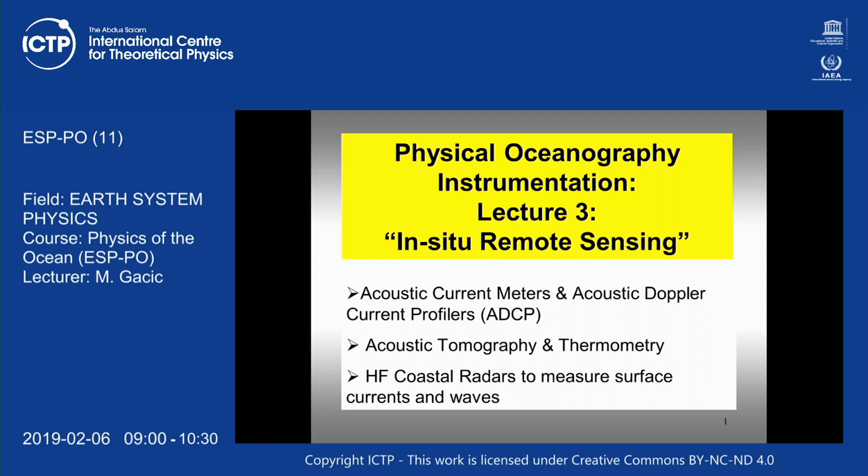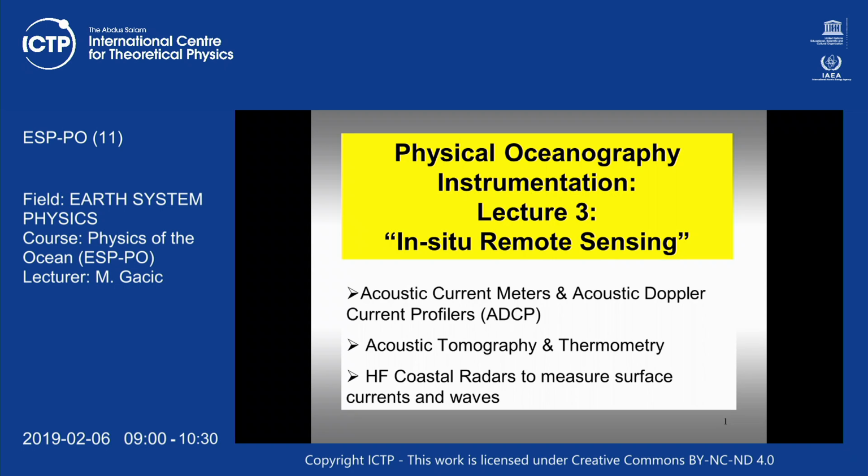situ, but then you have the possibility to have remotely the information on the measurements. Then there's acoustic tomography and thermometry, and then finally HF coastal radars to measure surface currents and waves.